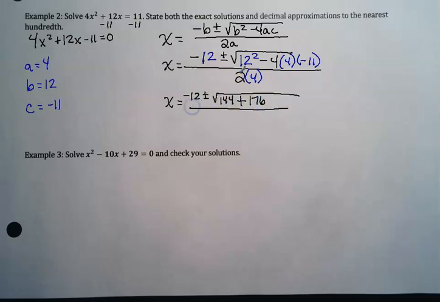All divided by 2 times 4, which is 8. Okay, so that's going to equal our negative 12 plus or minus the square root. 144 plus 176 is 320 divided by 8.